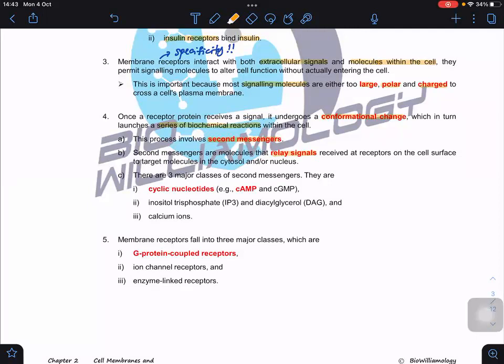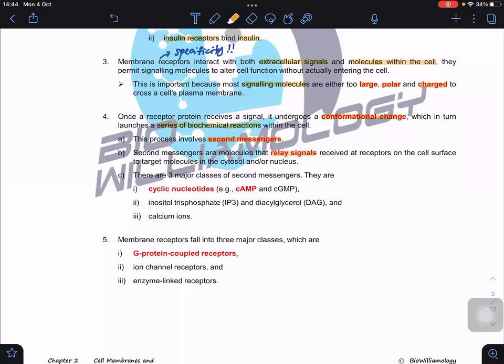What happens next? Someone is going to take this to you. For example, you are in a room, and your mom takes it. So your mom will be the second messenger, passing this item to you. Because the postman or the delivery guy won't straight away enter your house and pass the items to you. Someone has to help you carry it into your room. So those are second messengers.